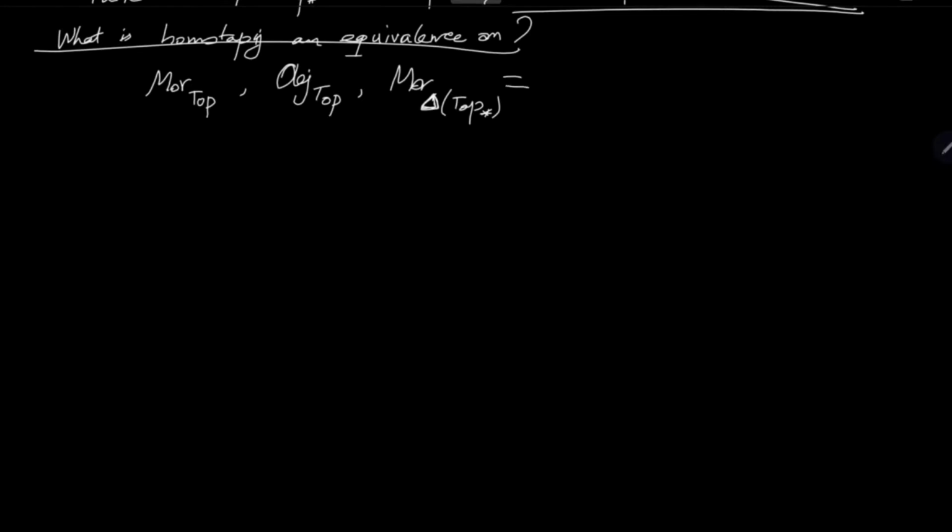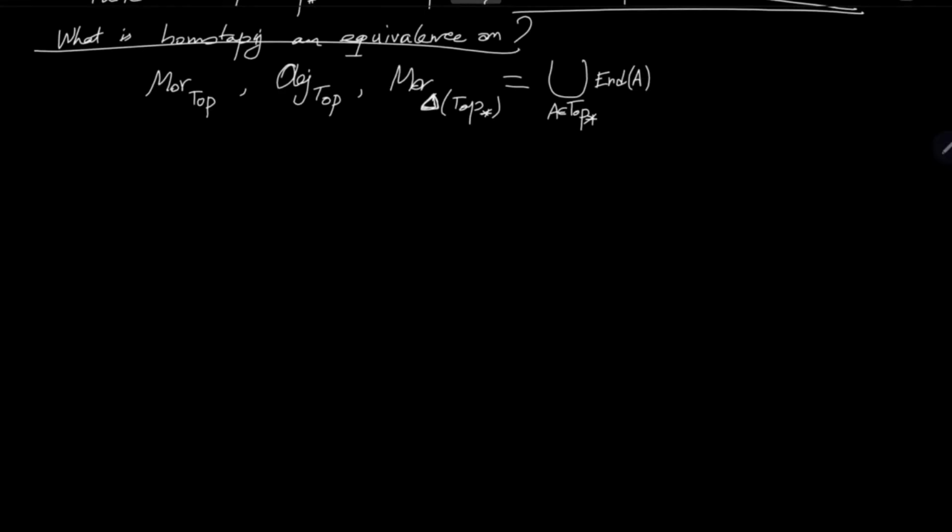So this is just the union of all the endomorphism sets of (X, x0), or let's call this End(A), where A is an object of Top star.